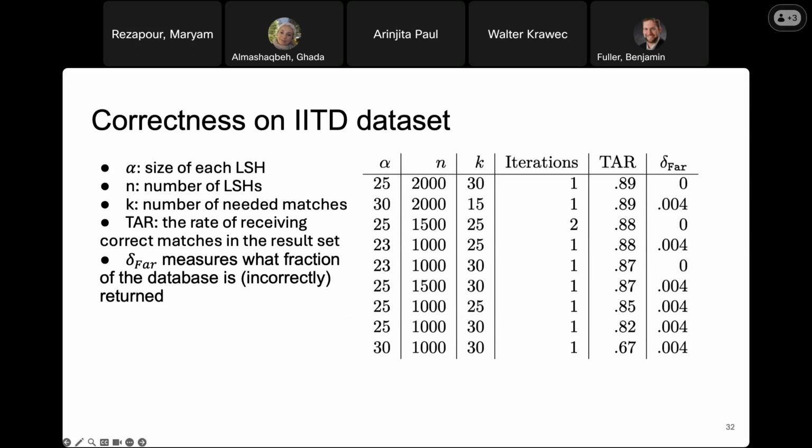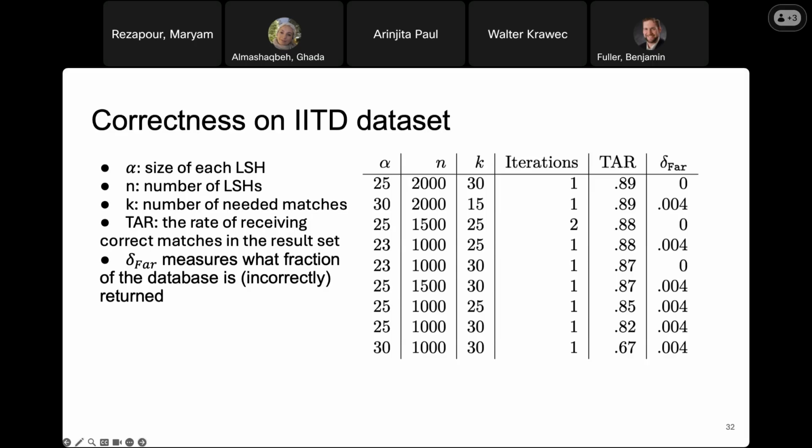I'm looking at the first row and the last row. Can you comment on the relation between alpha and the results? When you make alpha larger, I assume you are providing more information, which will make the accuracy higher. And you are even working with a lower number of LSHs. Is that the reason behind the lower accuracy for the last row compared to the first one?